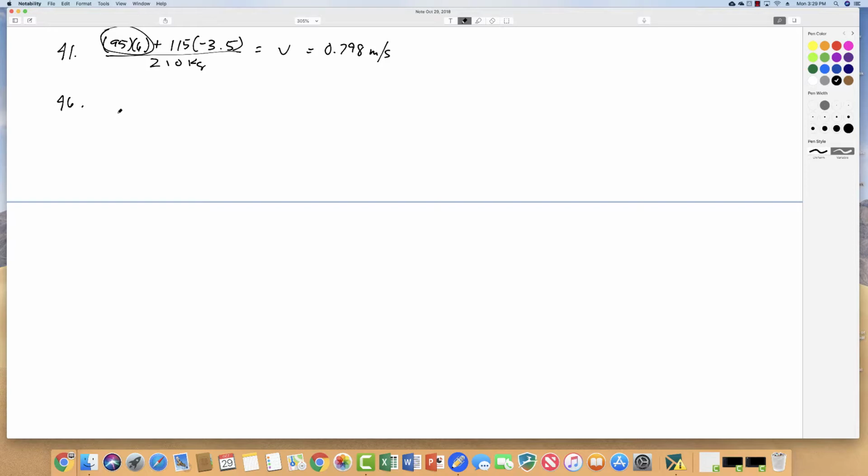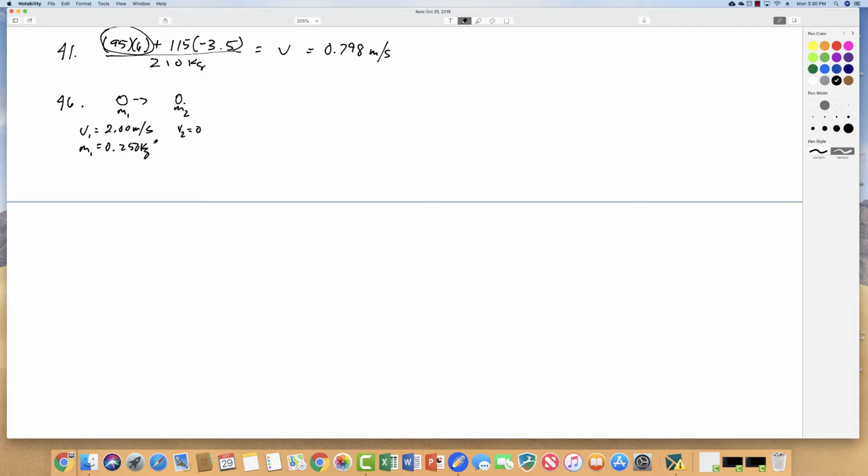Well, if you write down, you have mass 1, which is traveling at 2 meters per second in this direction, and mass 2, which is not moving. So V2 is 0, and V1 is 2. And the mass of mass 1 is 0.250 kilograms.